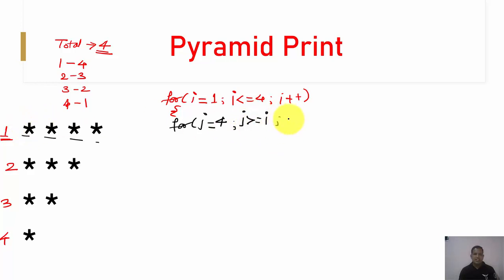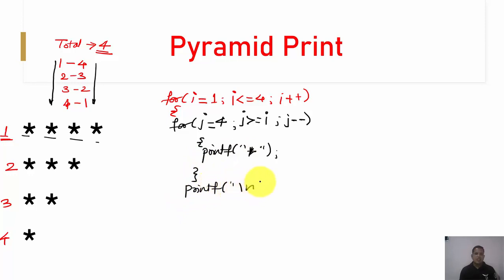Then j minus minus, because as the line number goes on incrementing, the characters printed go on decrementing. Then inside, simple printf of the star mark, and again printf of double inverted commas slash n.